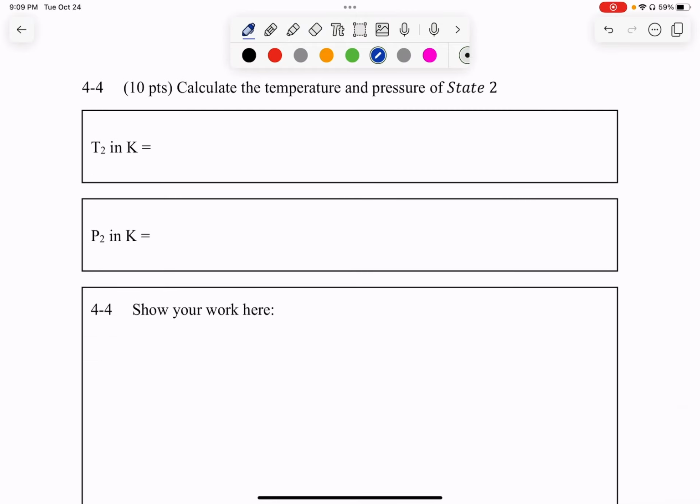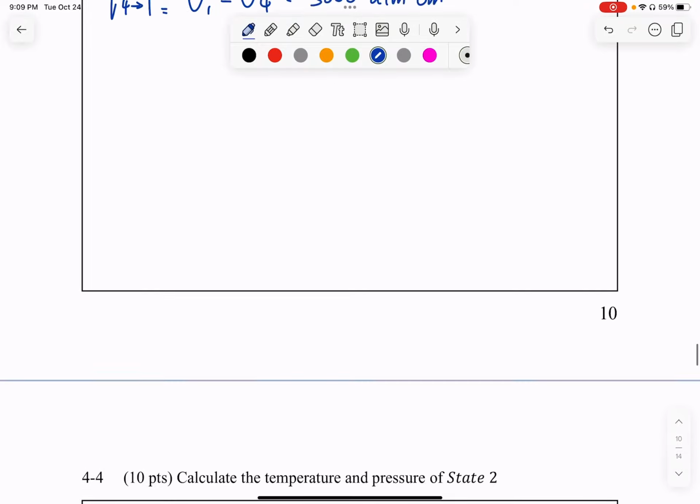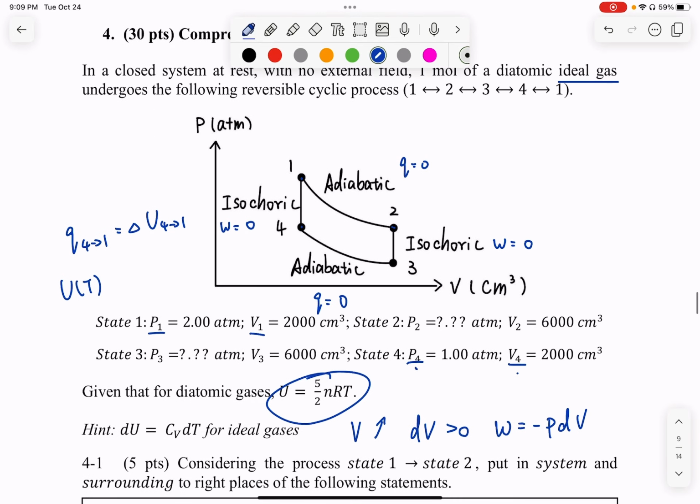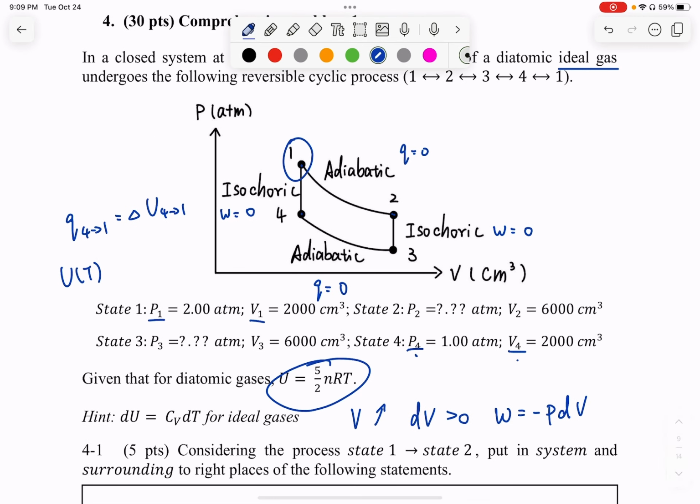Part 4. Calculate the temperature and pressure of state 2. Now, in this question, it becomes a little bit counterintuitive because in state 1 we have P1, V1. For state 2, we know our final volume, but we do not know what its pressure is, and we do not know what its temperature is.